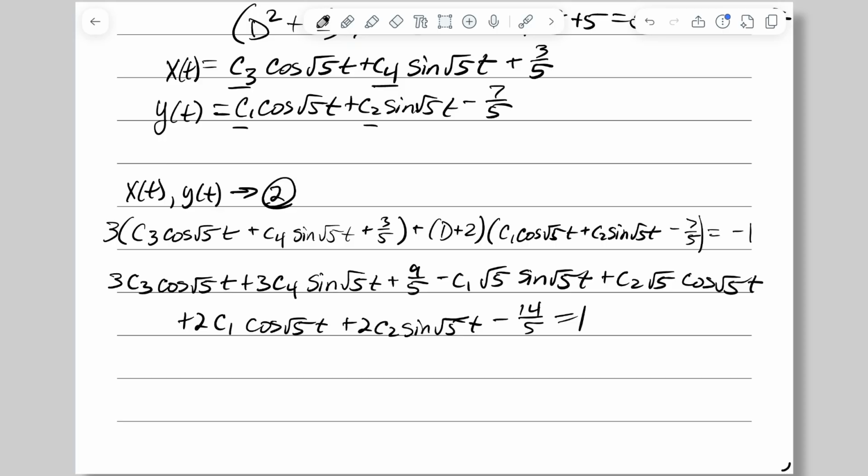See, this is now coupling our solutions for x and y into one of the equations.